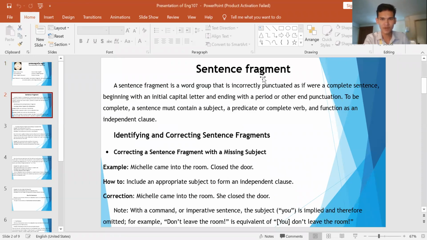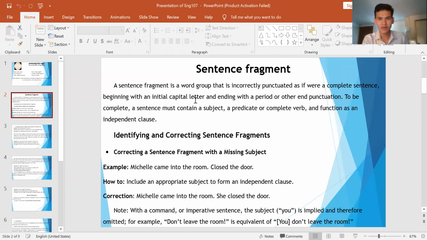Okay, sentence fragment. What is a sentence fragment? As you have learned already, a sentence fragment is a group of words that is incorrectly punctuated as if it were a complete sentence, beginning with an initial capital letter and ending with a period or other end punctuation.